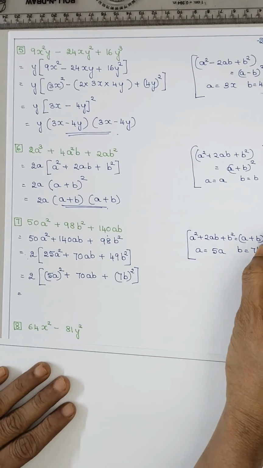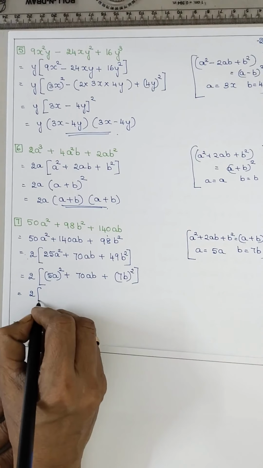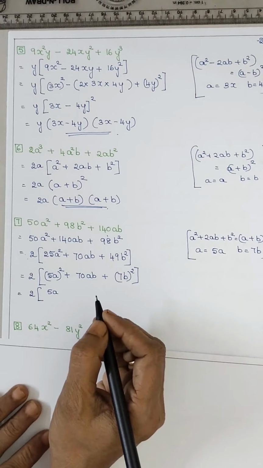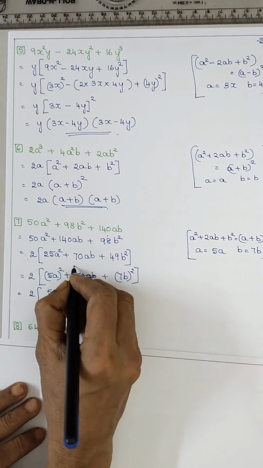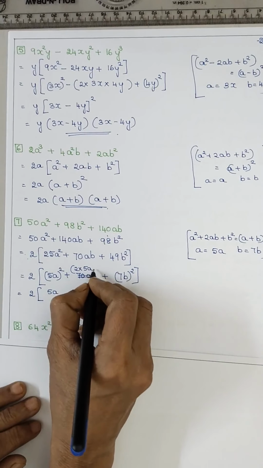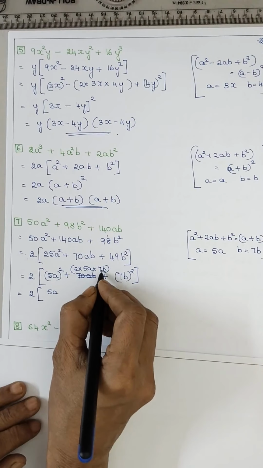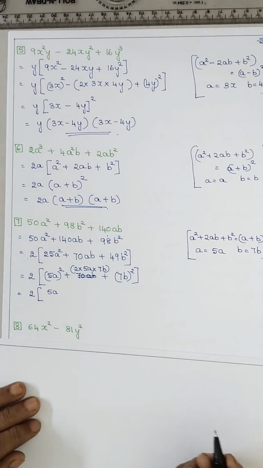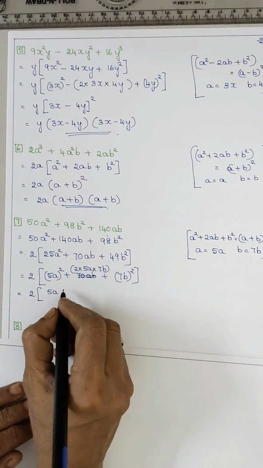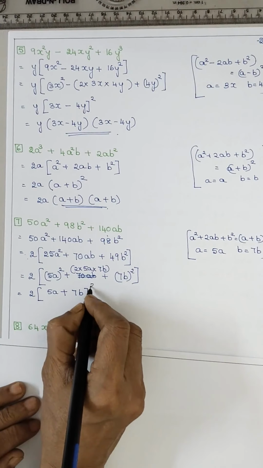Check, middle term, is it the same? Here we have to do 2 into 5a into 7b. 2 5s are 10, 7s are 70, ab. That is first identity. It is (5a plus 7b) the whole square.